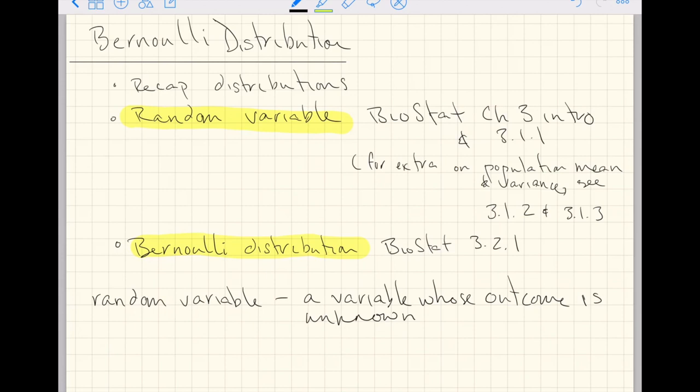Until I observe your height appropriately, you are a random variable for a variety of different outcomes: height, weight, even simple things like major. So a random variable in the simplest case is just a variable whose outcome is unknown.